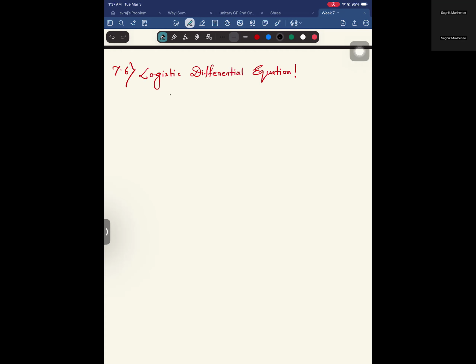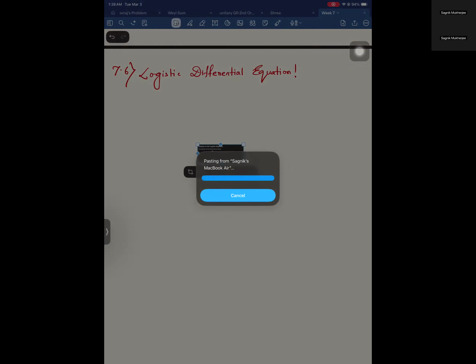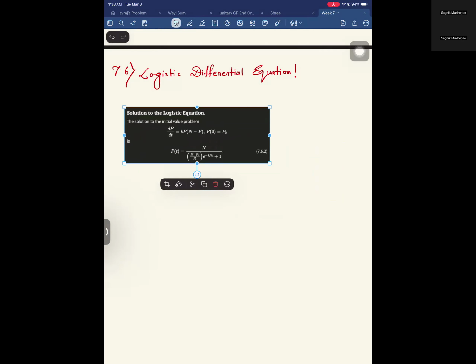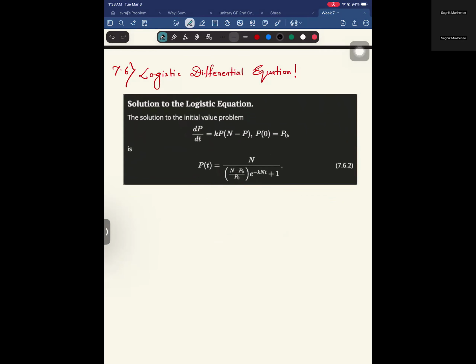What does the differential equation look like? Let me get the screenshot from the textbook. So a logistic differential equation looks like this with some initial condition.